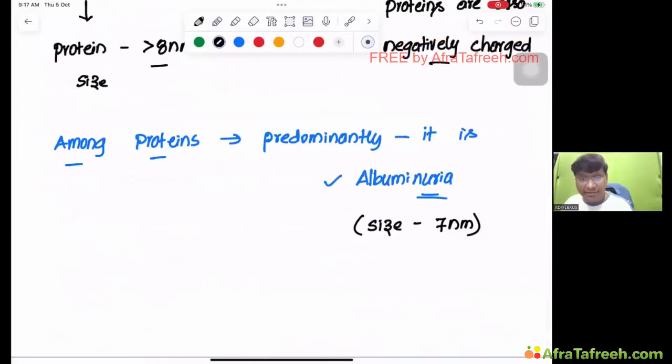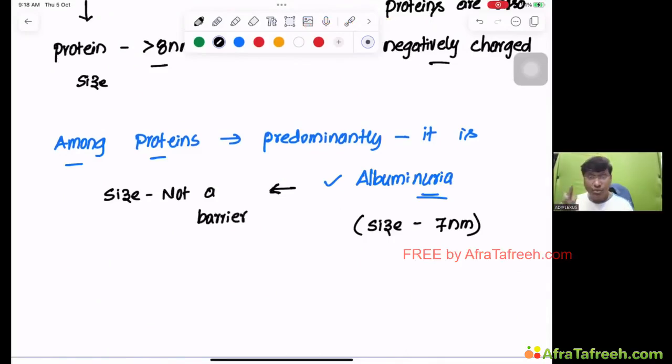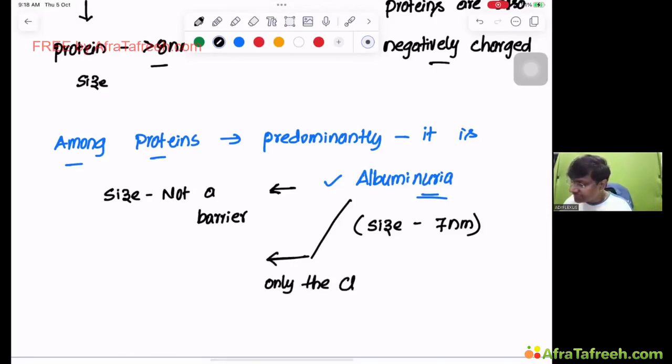So for albumin, please remember, size is not a barrier. Right? Size is not a barrier. Okay. It is only the charge. Right? Only the charge on the albumin.